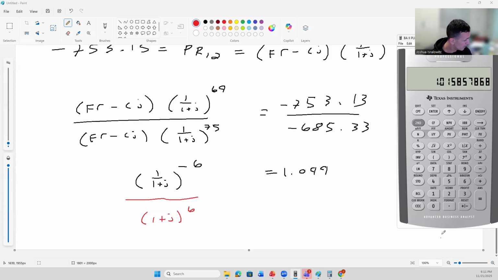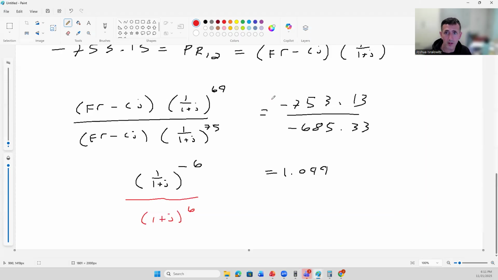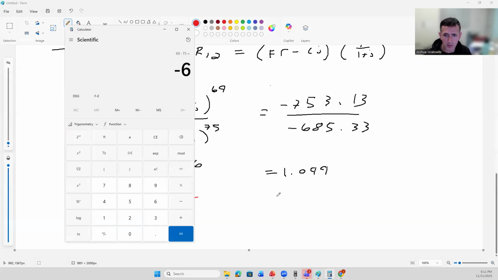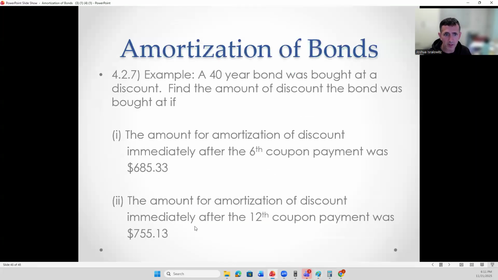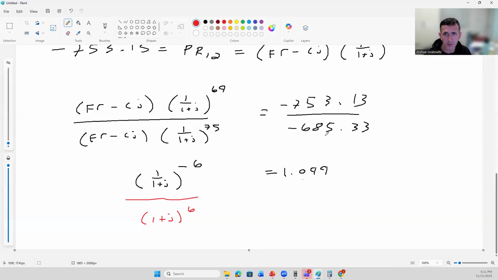Give me a second. It's 755, not 753. That's why I'm getting numbers a little bit off from what my notes have.